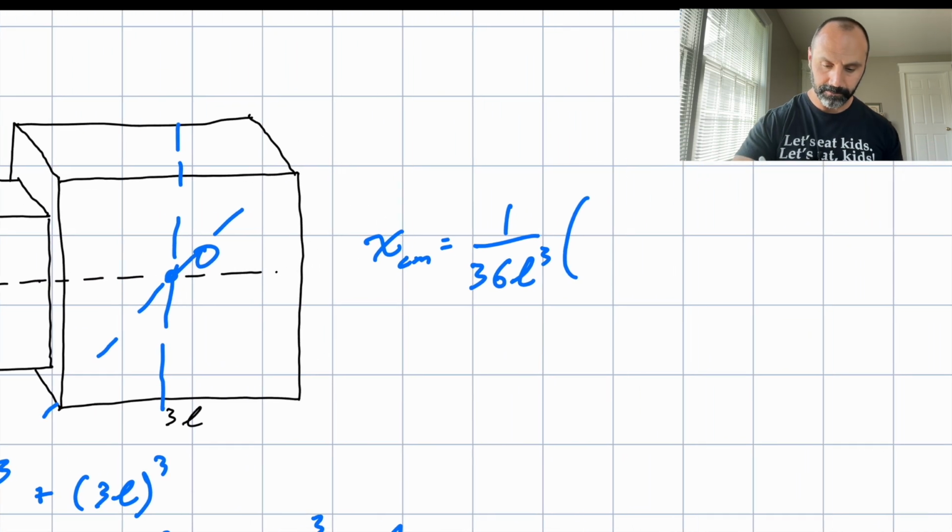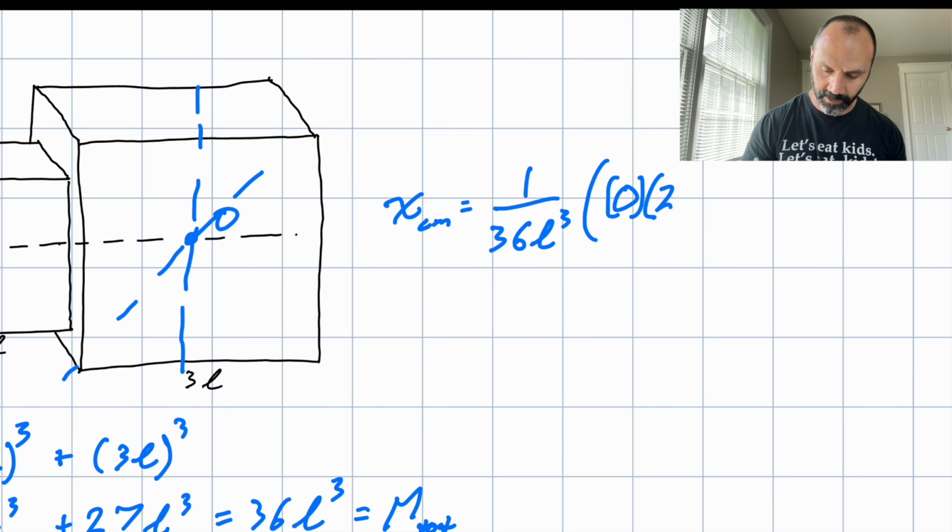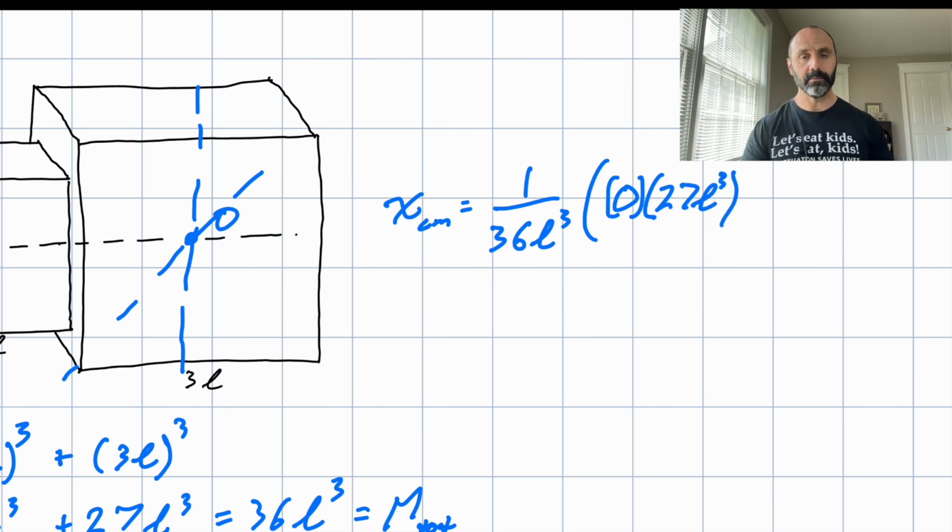So for the big cube, going into the formula here, the x coordinate is 0. That's really nice because now 27L cubed, which is the mass of that big cube, goes away. It's 0. So notice I chose the origin to be one of the centers so that I can eliminate one of the terms in the parentheses. Anytime you can do that, do that.